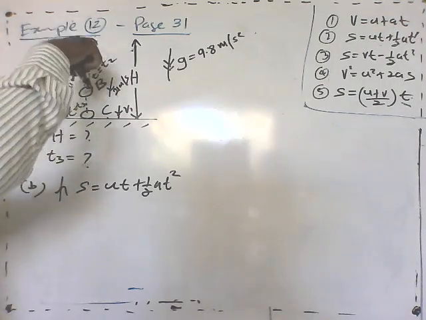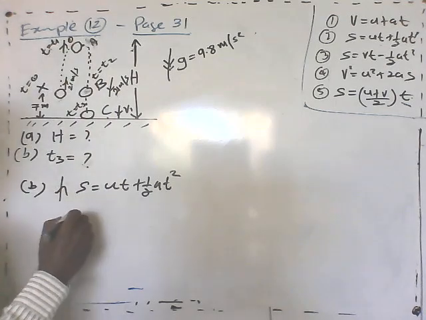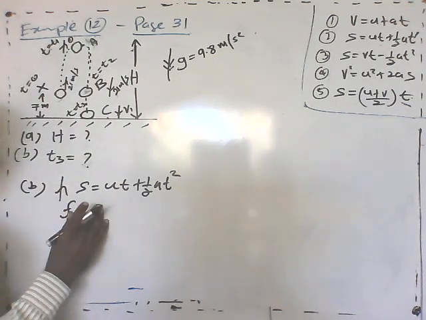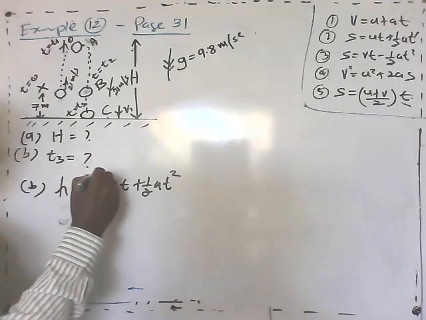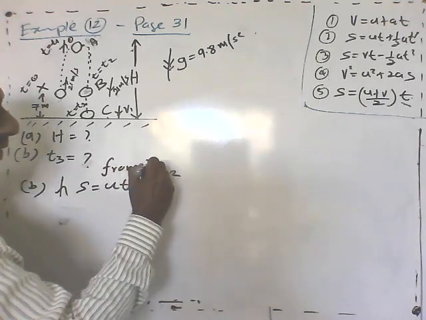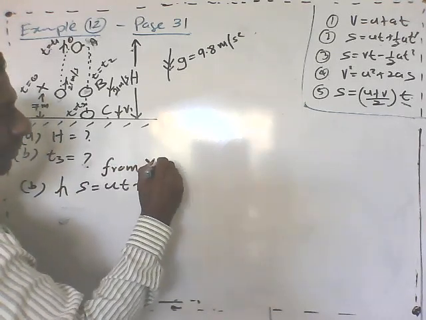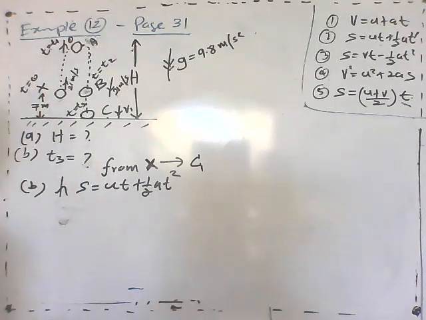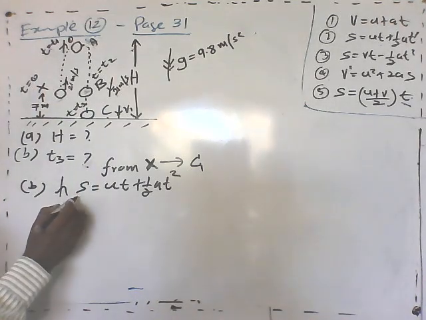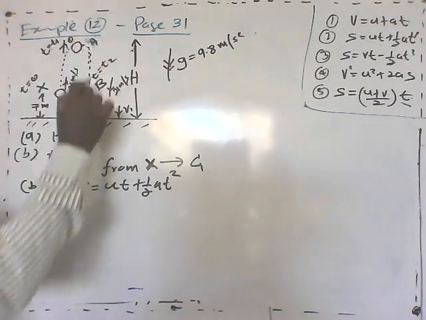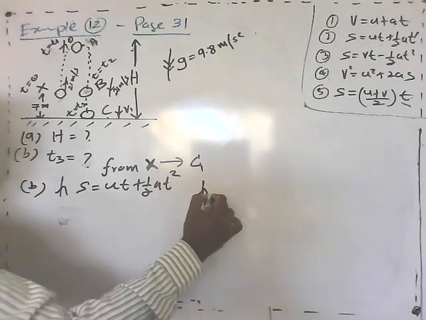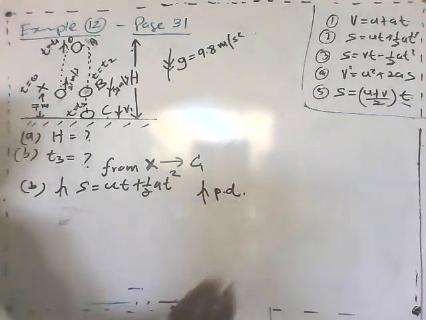Now he will go to the maximum height and he will come back, so from capital X to capital C. Now we have to be a little careful here. When he is going from X to C, how much did he go upward? We are considering the positive direction is up.